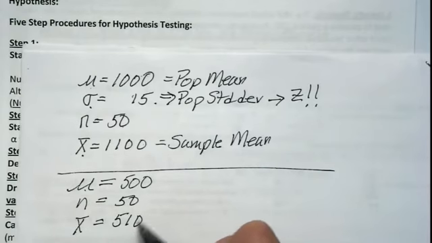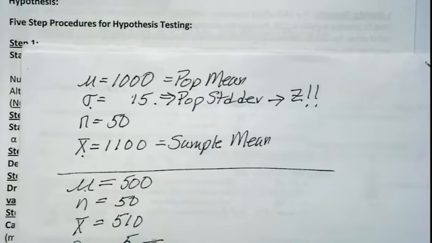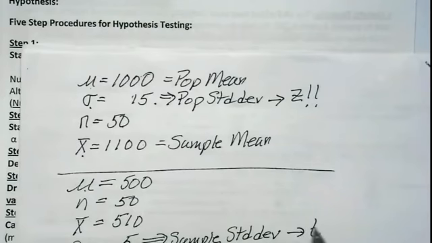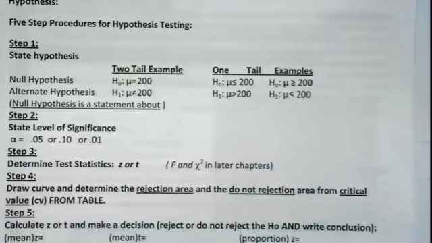But we don't have the population standard deviation. We have a sample standard deviation of 5. Because we have a sample standard deviation, we always use the T statistic. Okay? So let's continue with that thought.